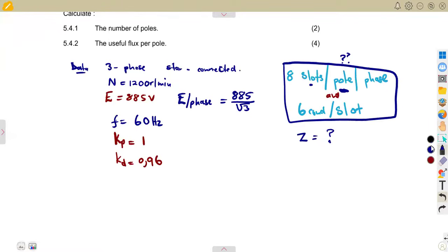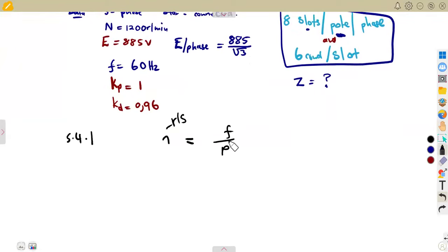Then we can calculate the number of poles. So 5.41, we saw that N, the synchronous speed in revs per second, is equal to the frequency over the pair poles. So it follows that we need not the pair poles, but the poles.